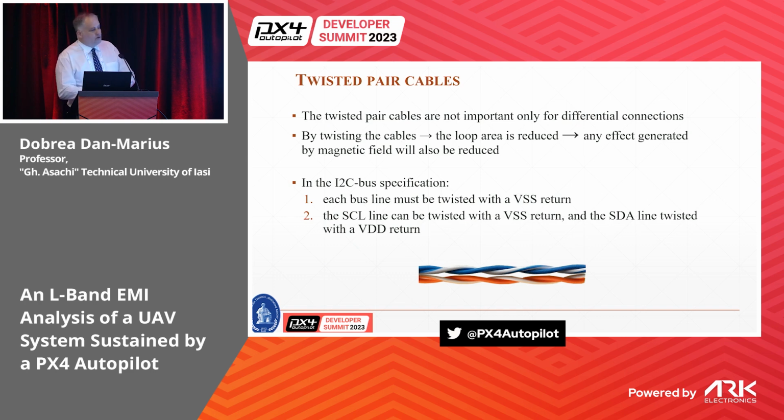You can also use twisted pair cables. This approach is mainly used in differential systems, but even if you do not have such communication, your loop area is reduced, and any effect generated by variable magnetic fields is also reduced.